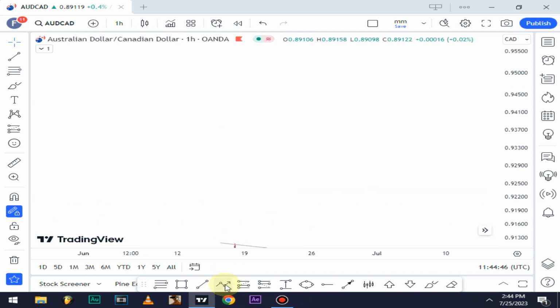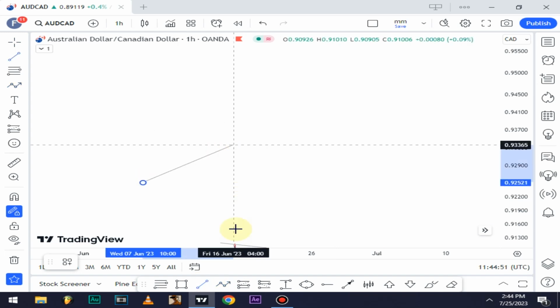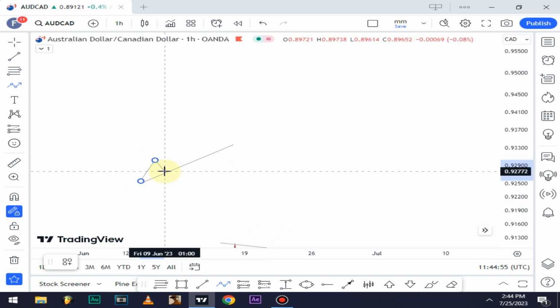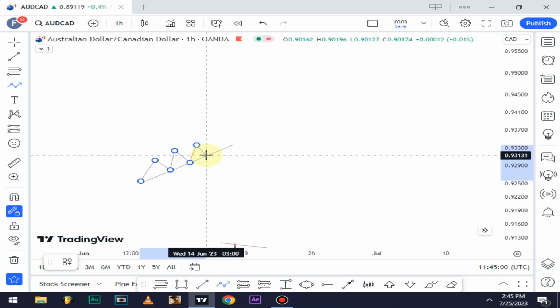Alright, so let's just draw this. Let's say that the market is trending up. So if that's what's up, we have higher high, higher low, higher high, higher low, and higher high and higher low.